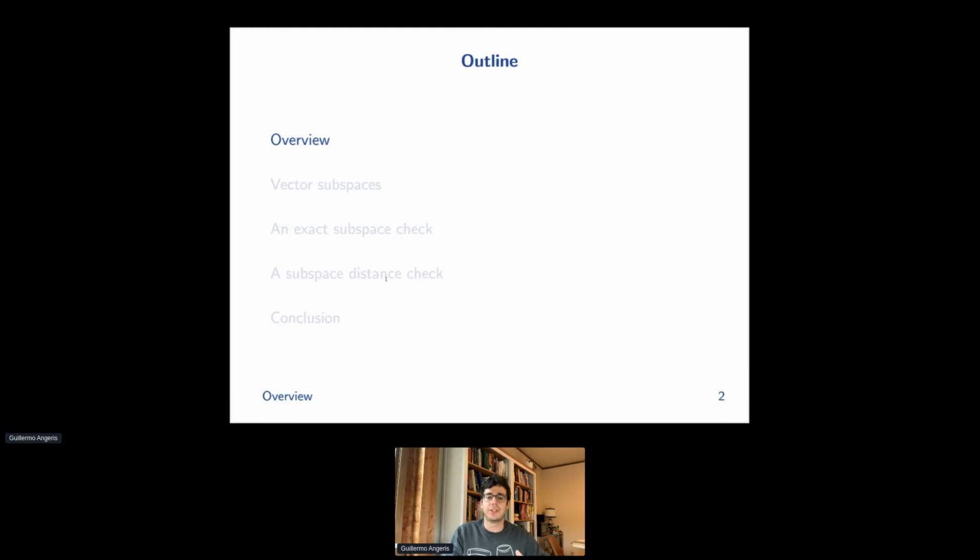So that's the high level structure. The exact version should be easier to understand for a lot of annoying mechanical reasons. But that'll give you a good high level structure to understand the actual general check and how it actually operates. But to do that, we have to talk about vector subspaces, how these things are structured and why we care about them.